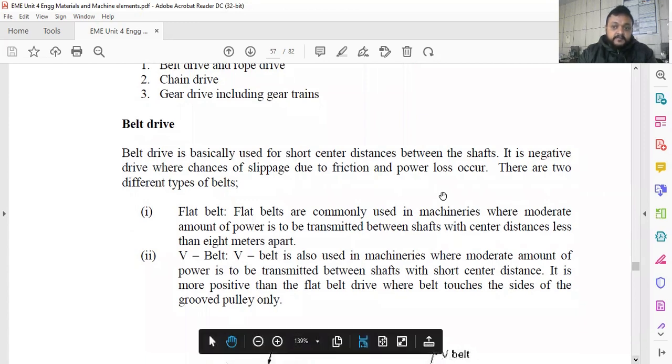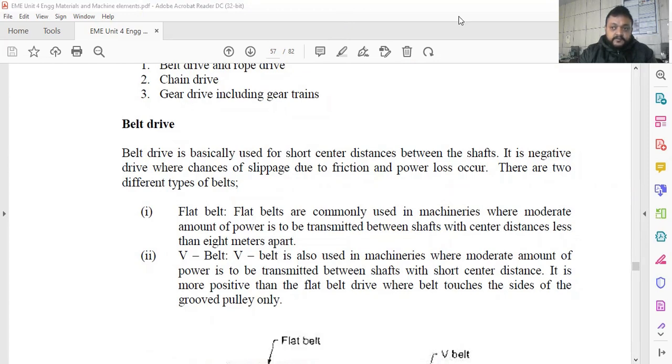The belt drive is normally used for the shorter distance. It is the negative drive as slipping is possible. Slippage occurs due to friction between two mating surfaces, that is, the belt is normally wound around the pulley drum.